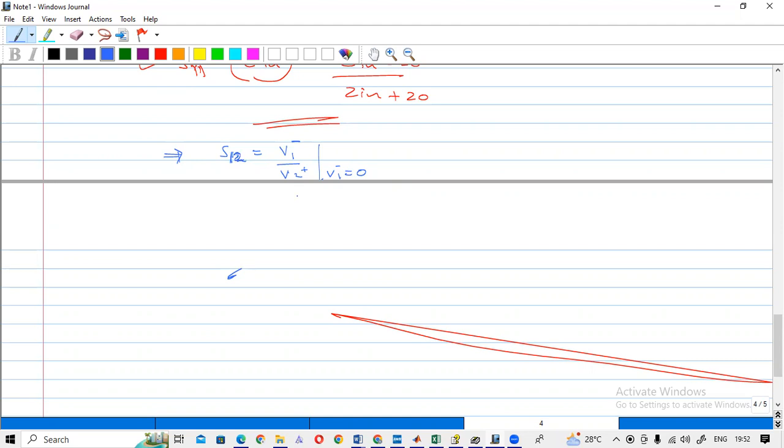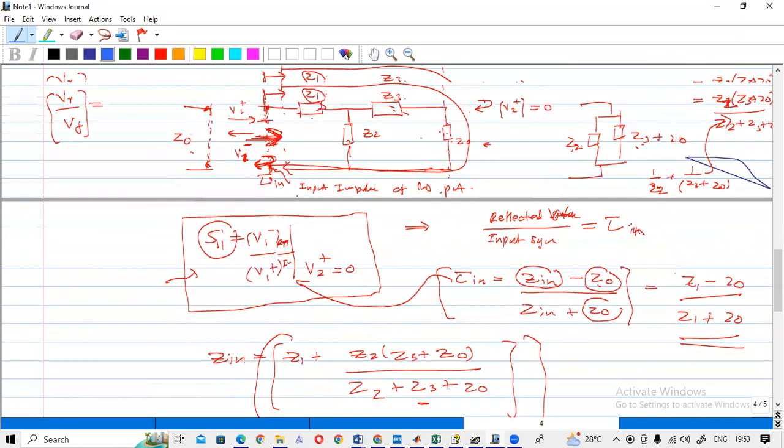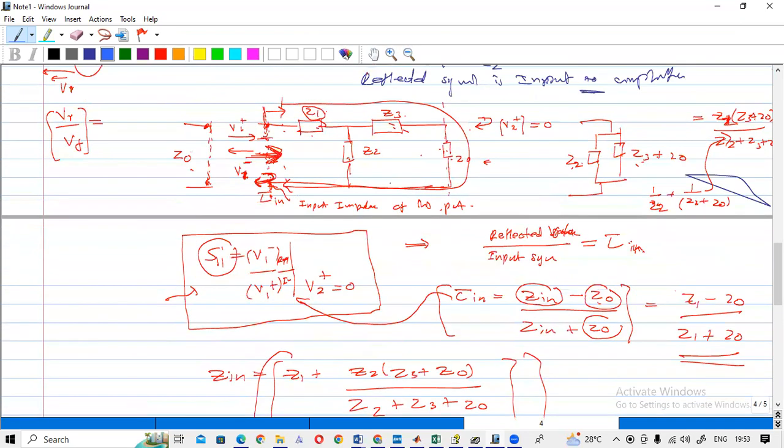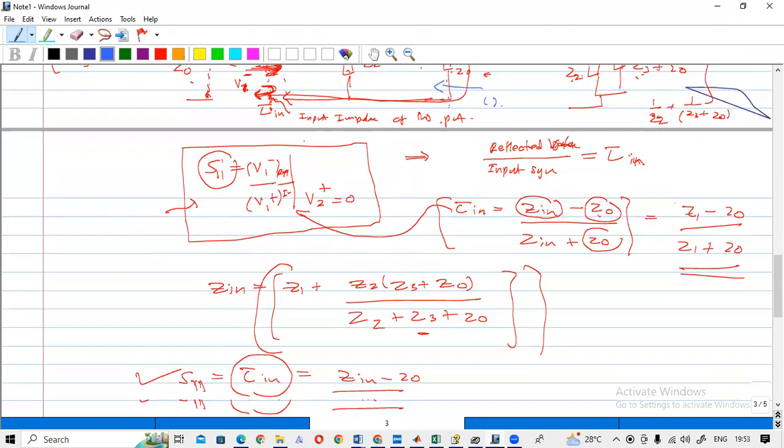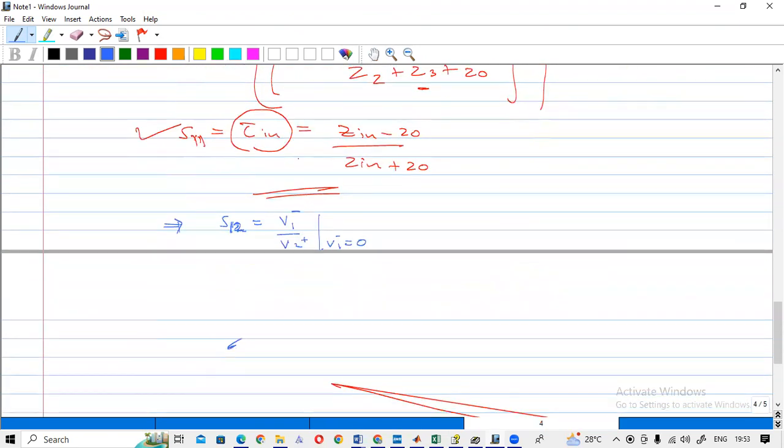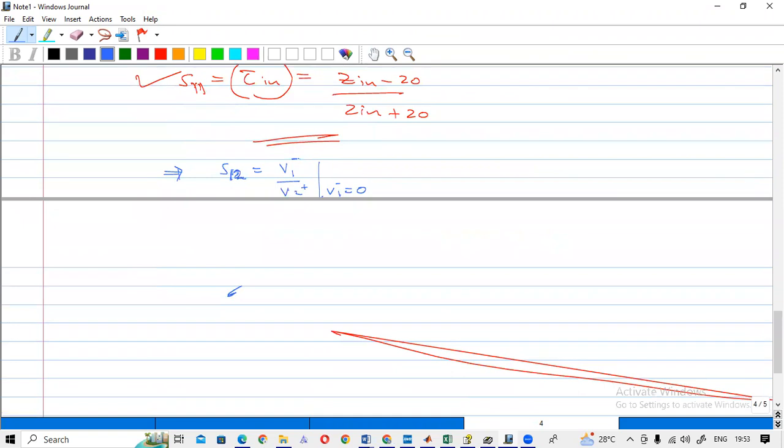Now we will see. You have to consider the other way around. Now you are going to give the input here, and you need to make this V1 plus 0, that is the input signal here 0. Now you have the circuit. Now I will write the circuit again.